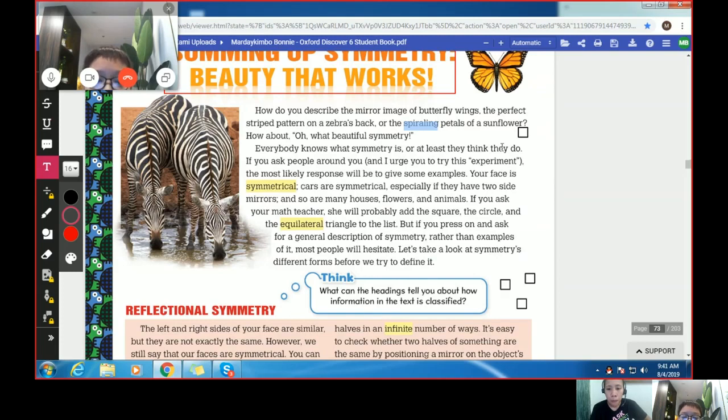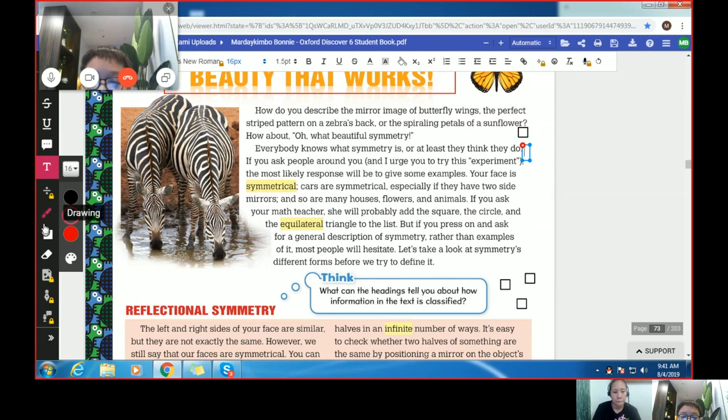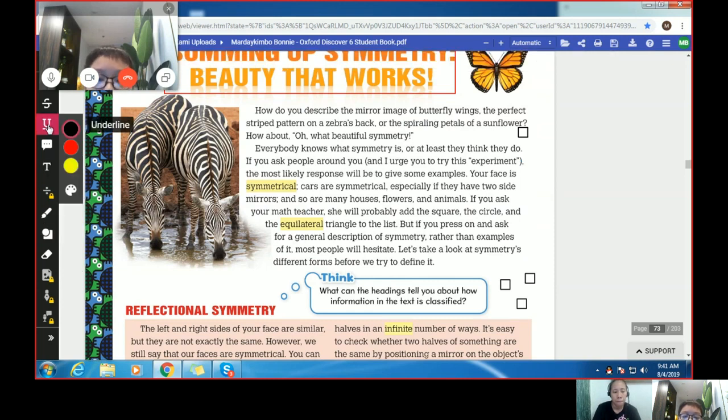Everybody knows what symmetry is, or at least they think they do. If you ask people around you, and I urge you to try this experiment, the most likely response will be to give some examples. Your face is symmetrical.